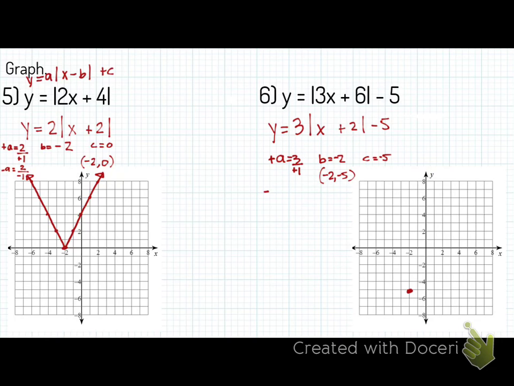And then our negative A will have a negative 1 in the denominator. Does that make sense? Okay. So now we're going to go up 3 over 1, right? And I keep doing that across my whole paper because really this graph goes on forever. We're going to do the same thing on the opposite side.